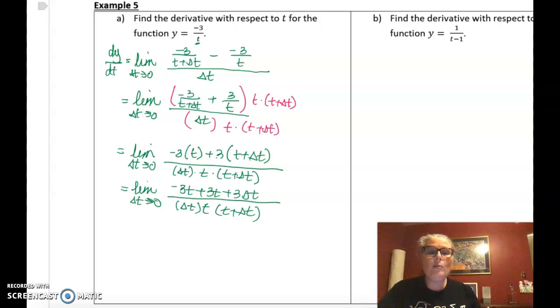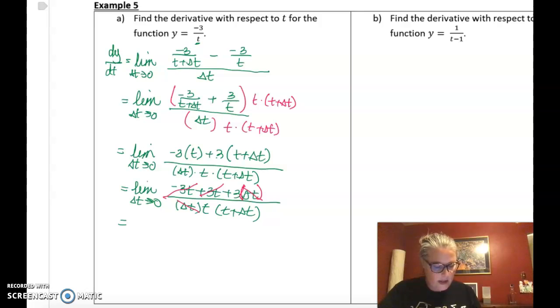I see that in the numerator we have negative 3t and positive 3t. They both cancel out. Then I notice that in the numerator, I just have 3 times delta t, and in the denominator, we also have a factor delta t. That means I can cancel those out. But you can't do that until you've gotten rid of the other terms. Just be careful, or else you have to factor out the delta t first.